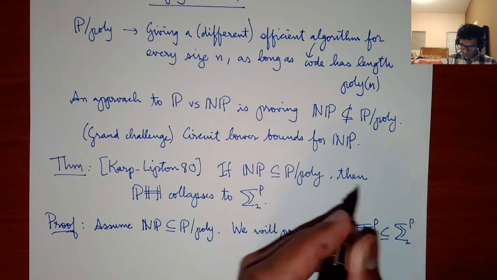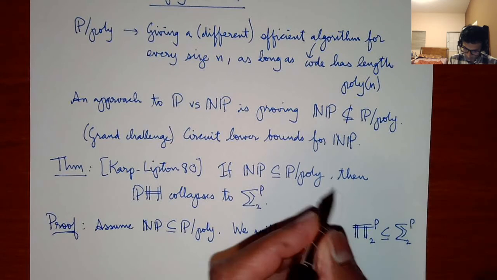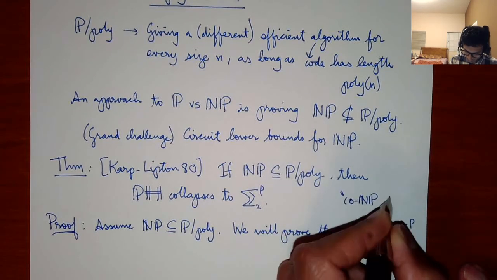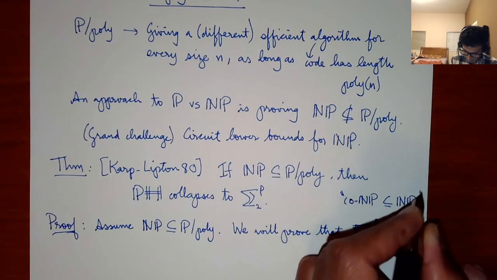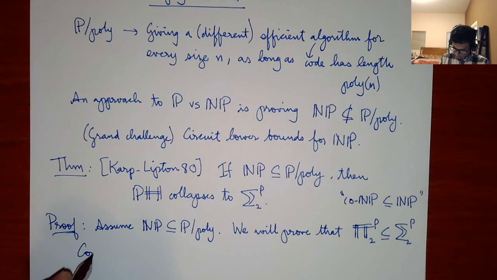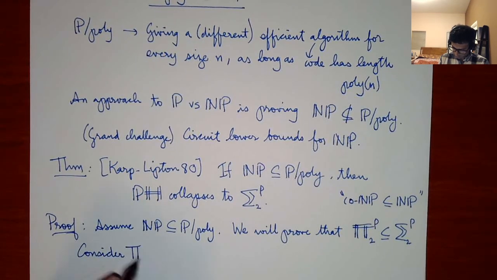Remember, this isn't exactly what I'm saying, but it's kind of like saying that co-NP is contained in NP, although it's sigma 2 and pi2, which is the next level of the hierarchy. What we're saying is kind of like co-NP is going to be equal to NP, but it's sigma 2 equal to pi2. Okay, so let's consider pi2 SAT.